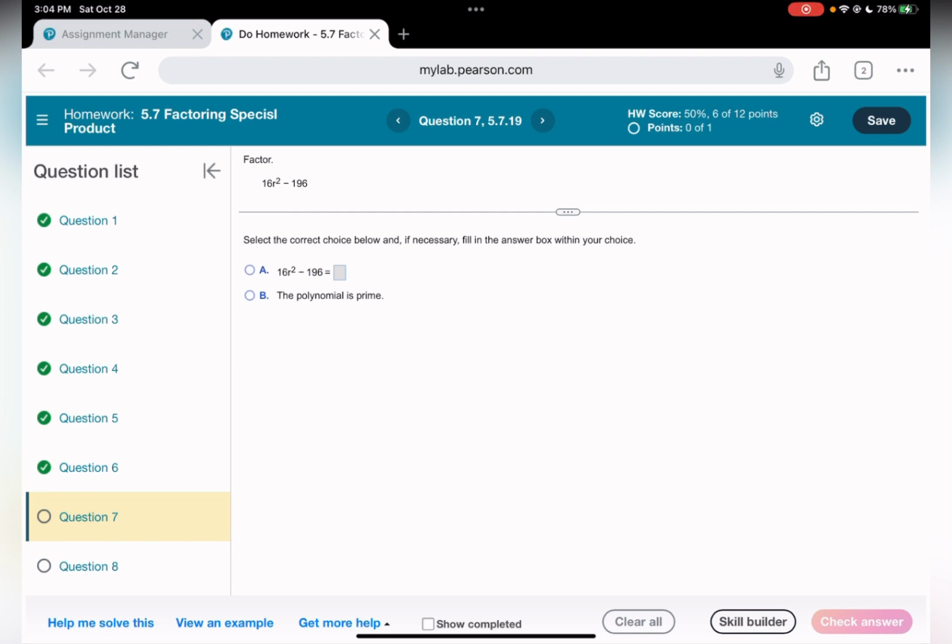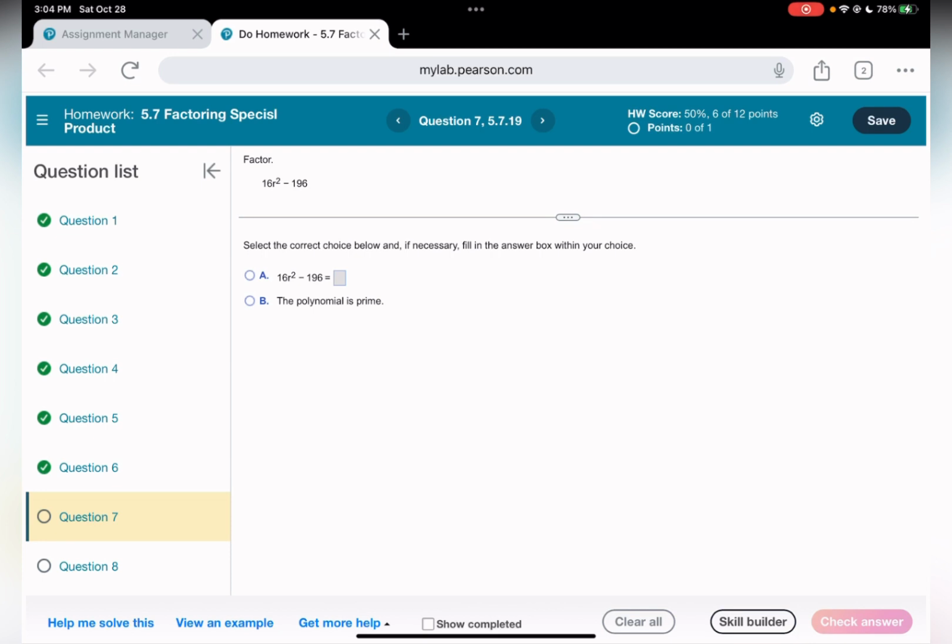Next one. 16t squared minus 196. Can we take any common factor out?